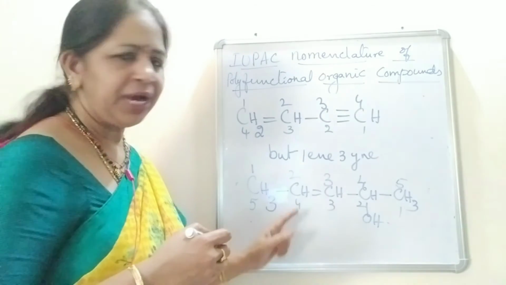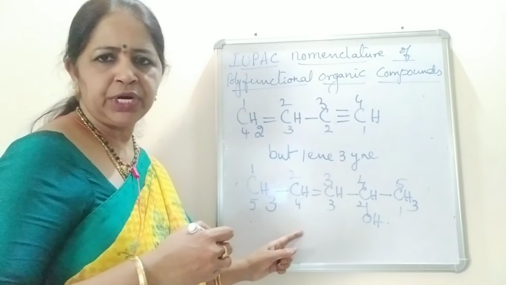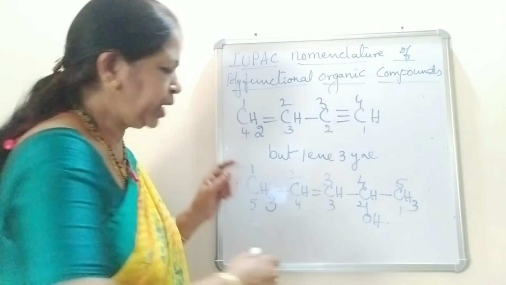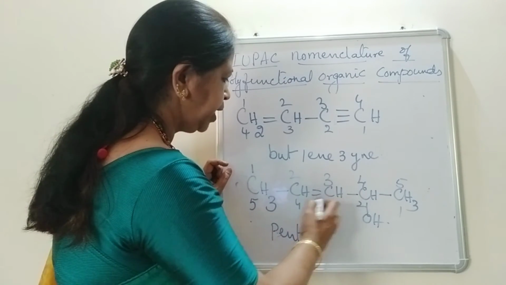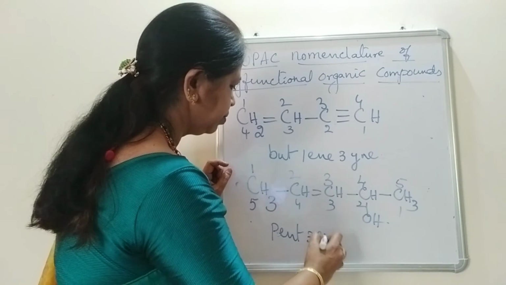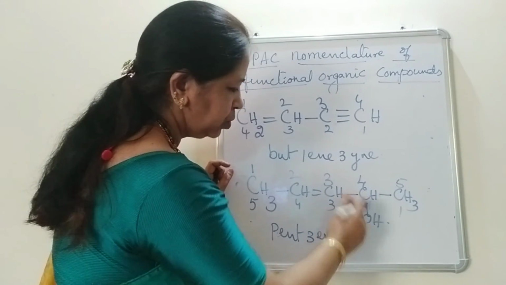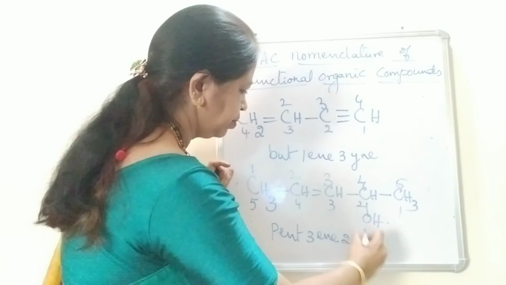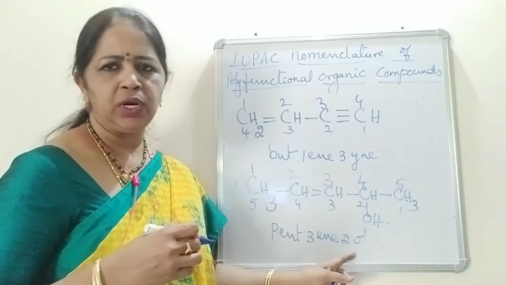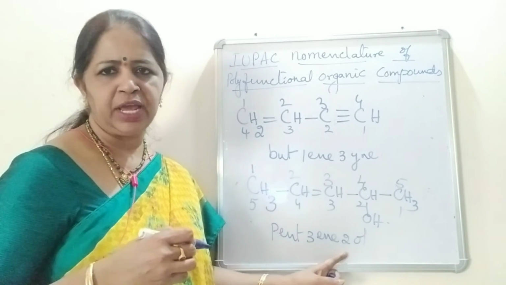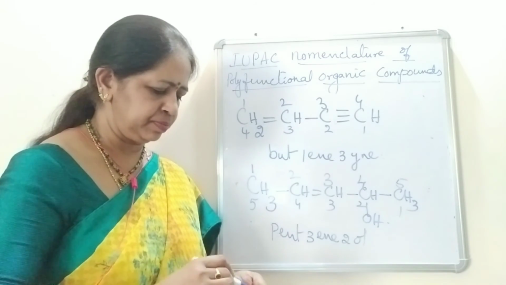So, it is pent. Pent is the root word, 5 carbon chain. Pent-3-yn-2-ol is the IUPAC name of this compound.